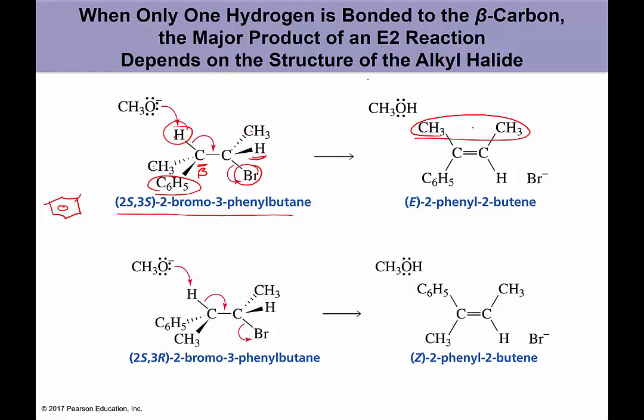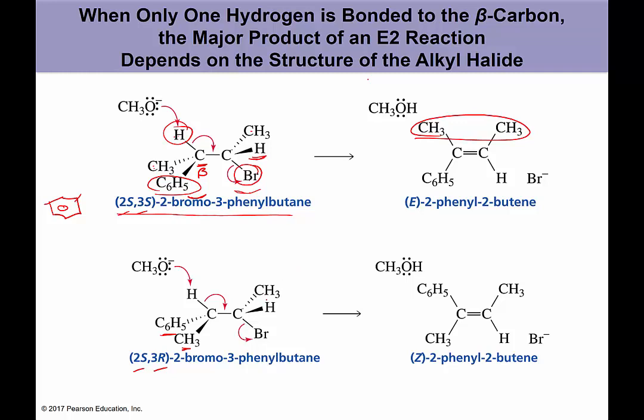On the other hand, if the configuration of this carbon or this carbon had been different, so you know this is 2S, 3S, and what they did, they made this 2S, 3R. So what they in essence did is they switched the position of the CH3 and the C6H5, the phenyl group.